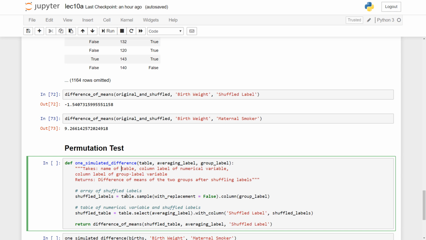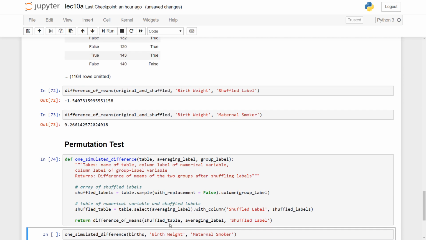It will first do the shuffling, okay, and will add that shuffling column to the original table, and then compute the difference of means for that sample. Okay, so this is the function combining the two things that we just covered: sampling without replacement, adding that as a column, and calling the function difference of means to compute the test statistic.